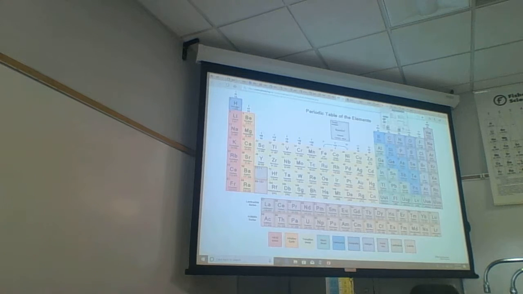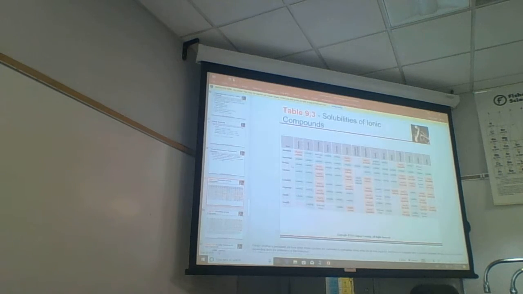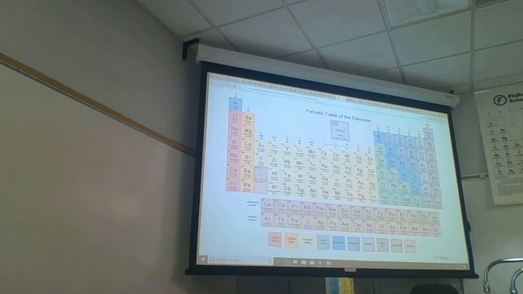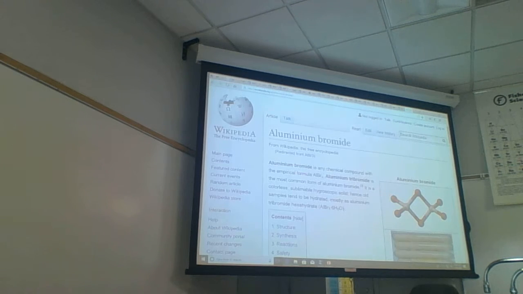And so let me pick out a simpler one. So, for example, if I look at ammonium acetate, it is soluble. And so let's go over here. How soluble is it? Well, it just says soluble. And so, does that mean it's totally soluble or what?